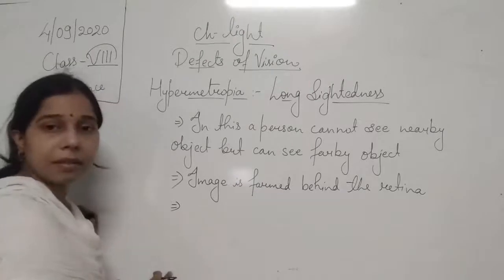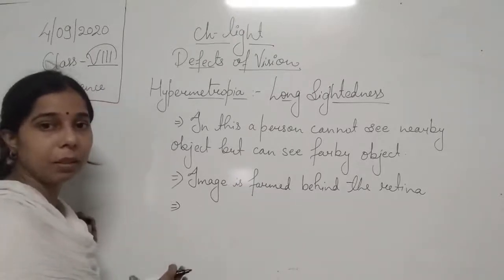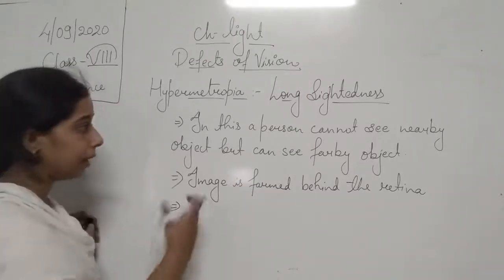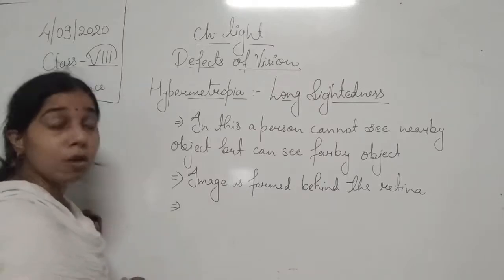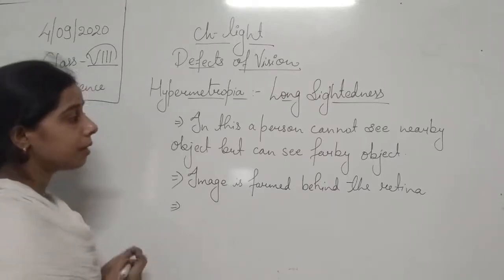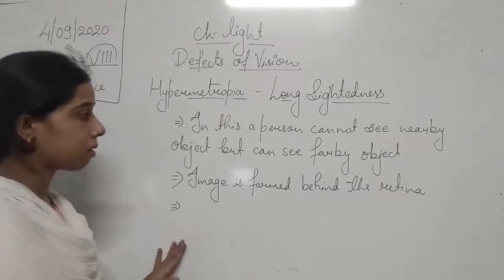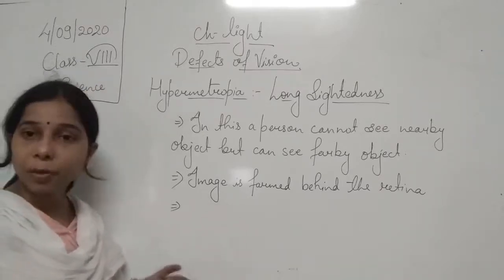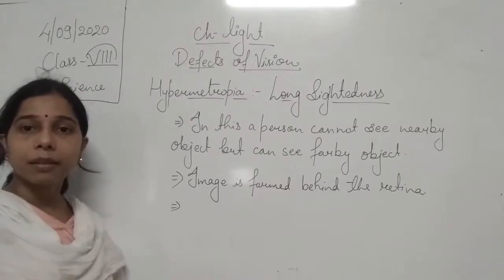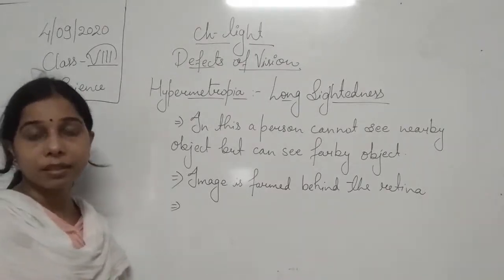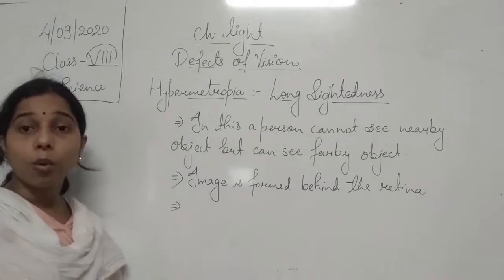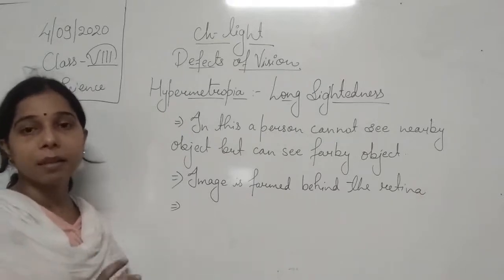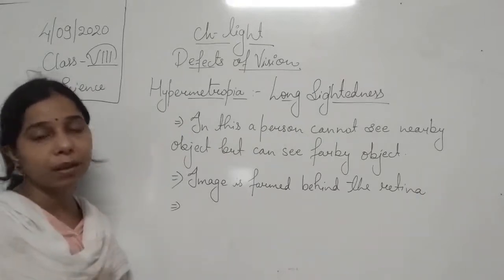What is the reason why it happens? Why does the image not form on the retina in case of hypermetropia? So you see here, students, in this problem a person cannot see the nearby object. And you know that a person is able to see the nearby object only when the ciliary muscle is able to contract properly.